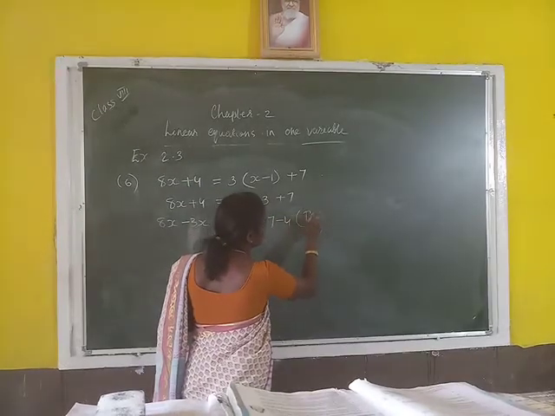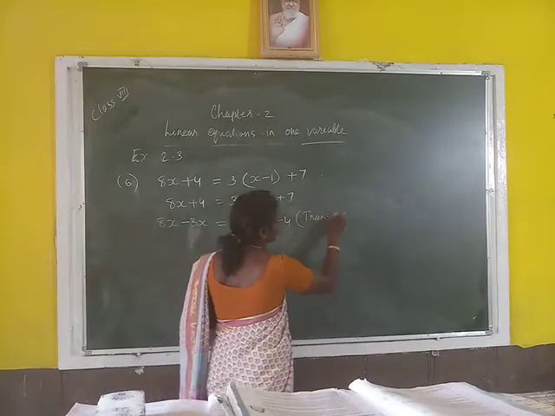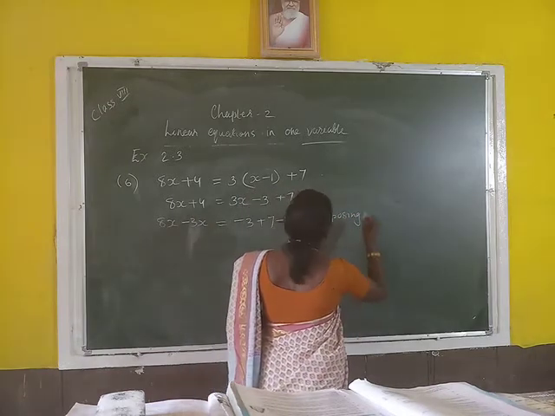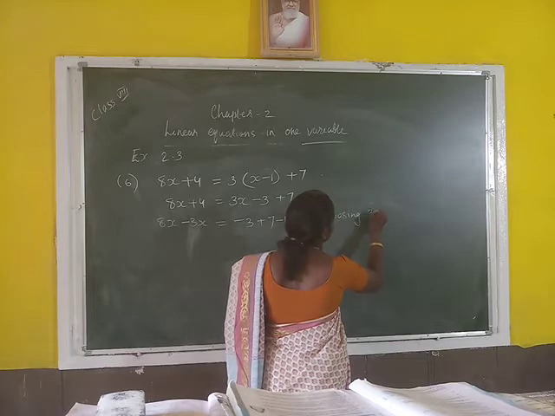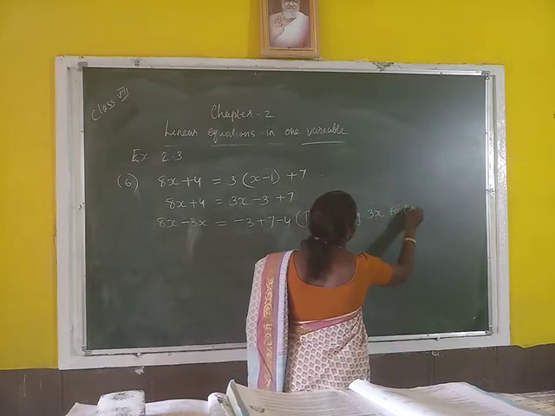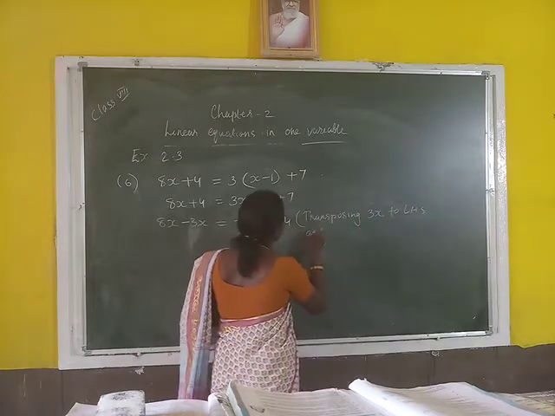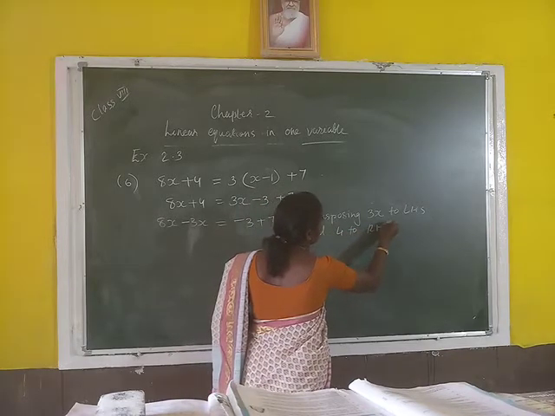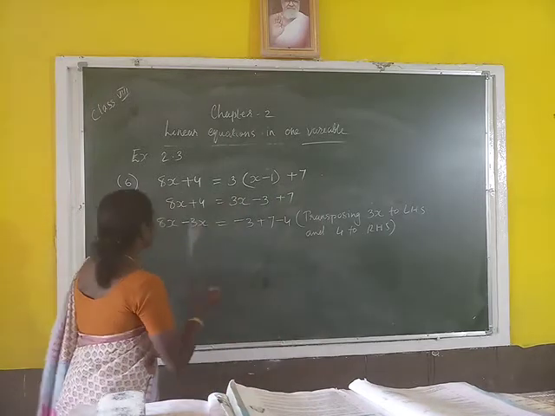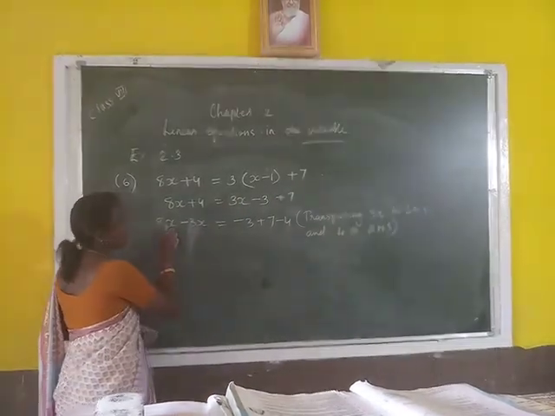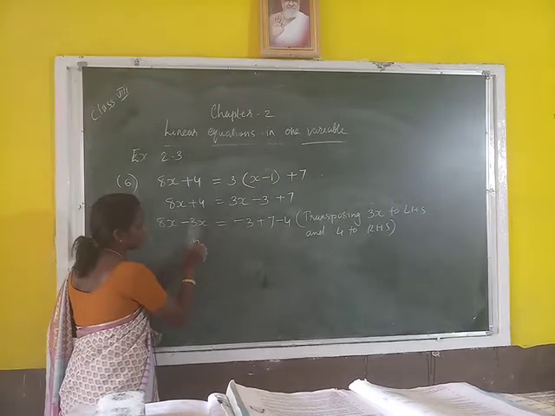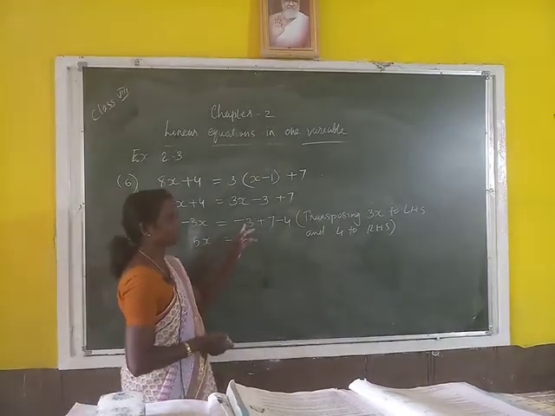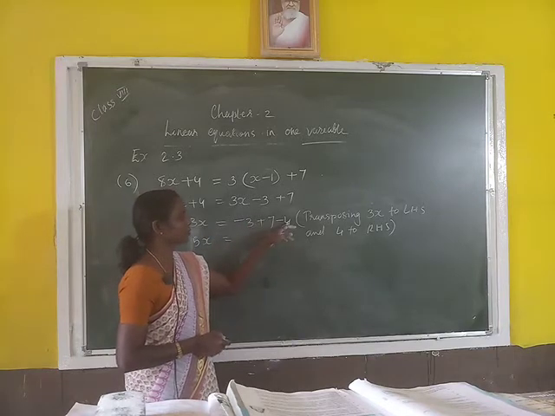Then we can write transposing 3x to LHS and 4 to RHS. Then look, 8x minus 3x is equal to 5x is equal. Then first add negative 3 and this negative 4, which number?